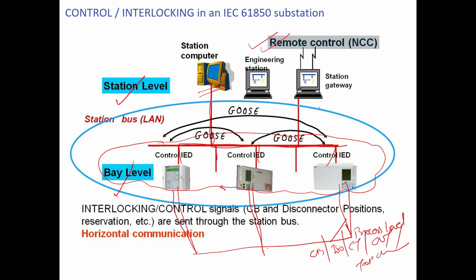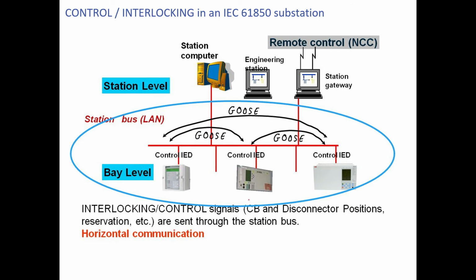In the case of interlocking, your requirement is basically the CB and disconnector positions. Disconnector means isolator positions, and one more thing is reservation, and I will explain the meaning of reservation in the coming slides. This information, CB and disconnector positions, is sent through the station bus. Information is transferred through this station bus, and this is called horizontal communication.